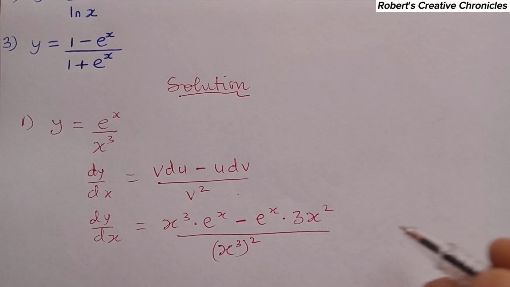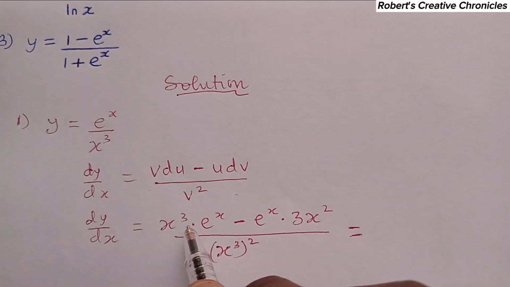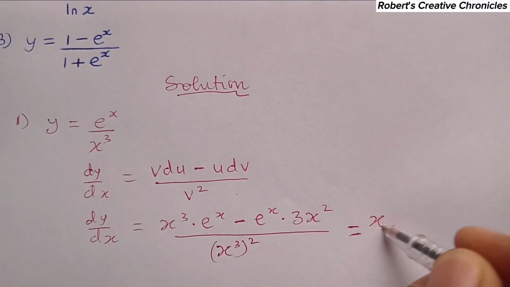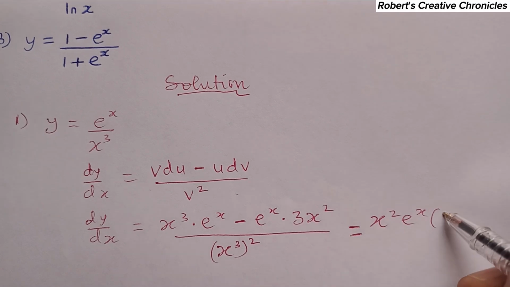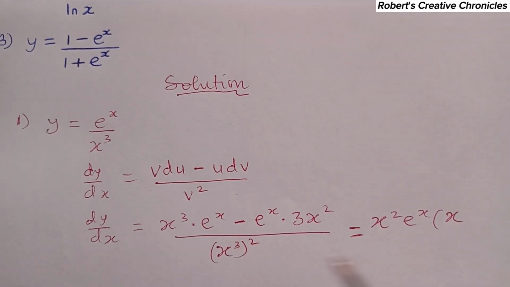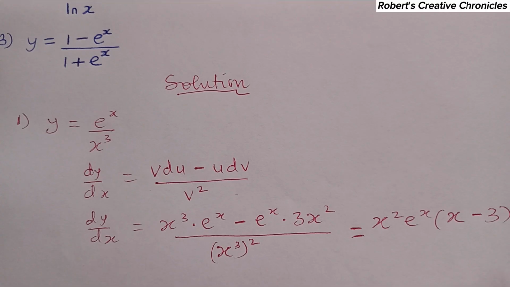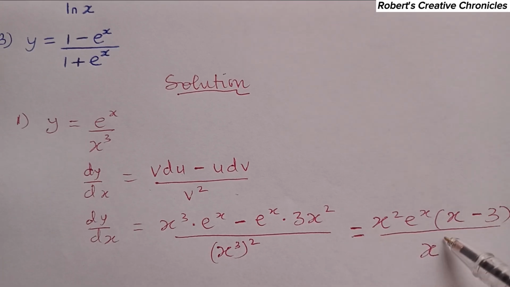So now this becomes: here x squared and exponential x are both common, so it will be x squared exponential x times (x minus 3) over x raised to the power of 6.